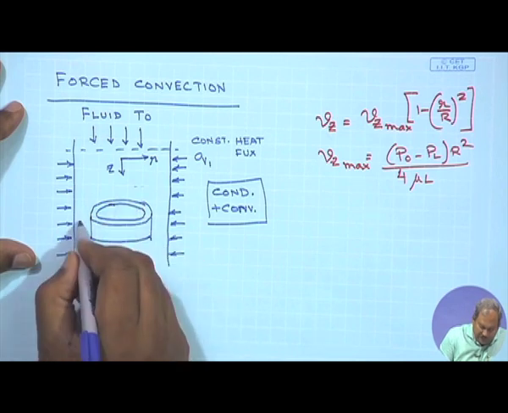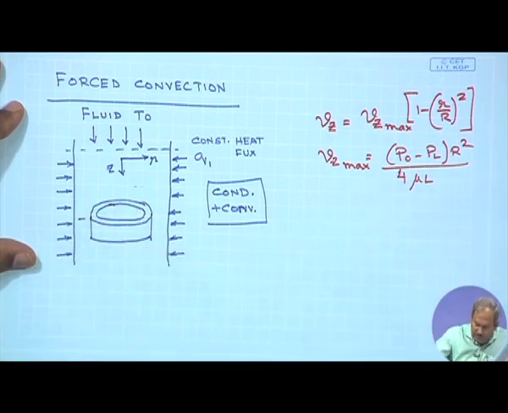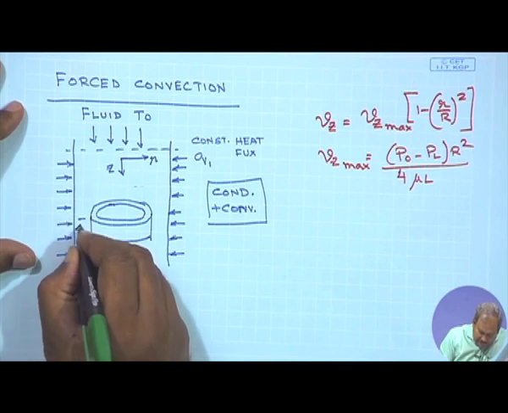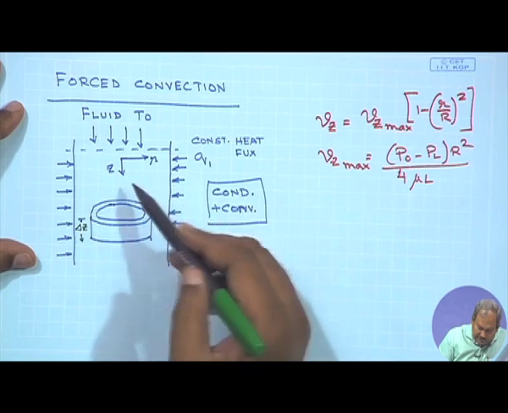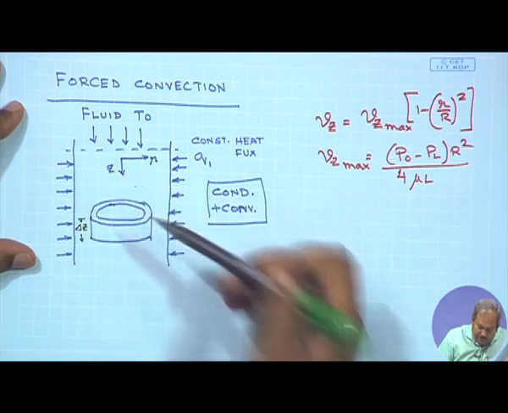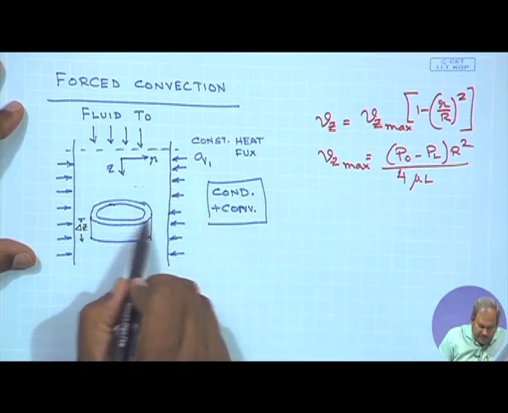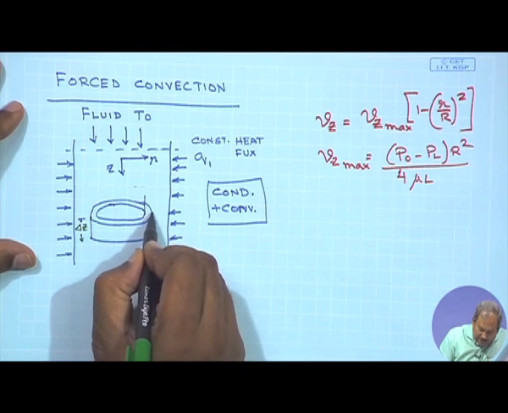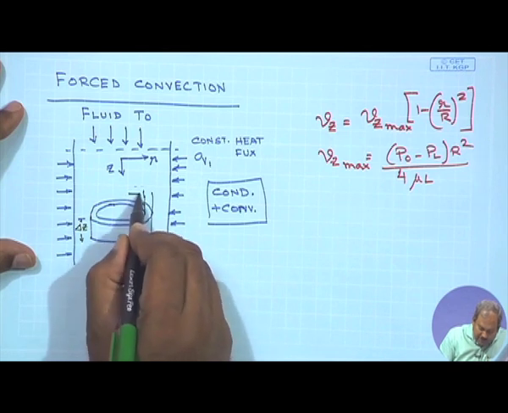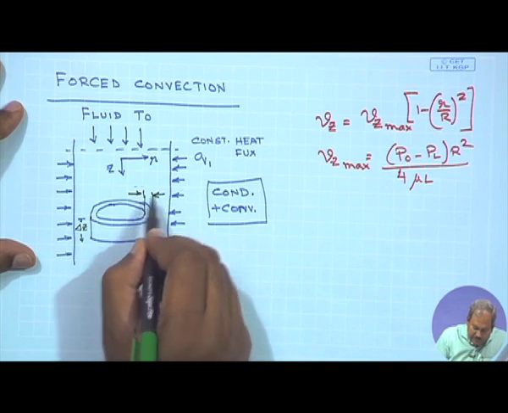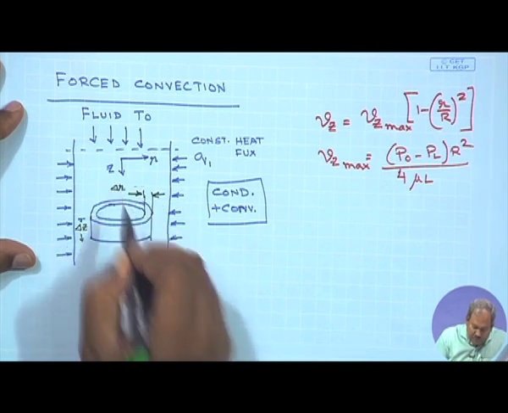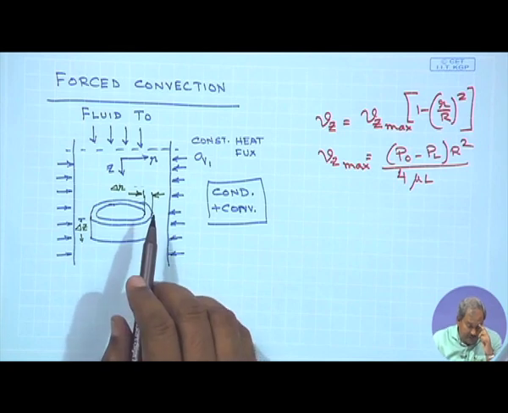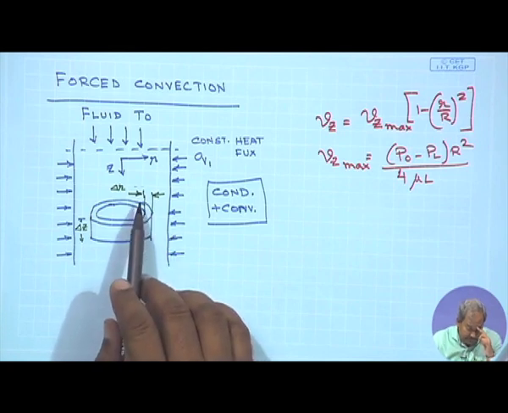The shell is going to have a length equal to delta Z, since the temperature varies with Z, and since the temperature varies with R, the other dimension of the imaginary shell, across which we are going to make a heat balance, must be equal to delta R.